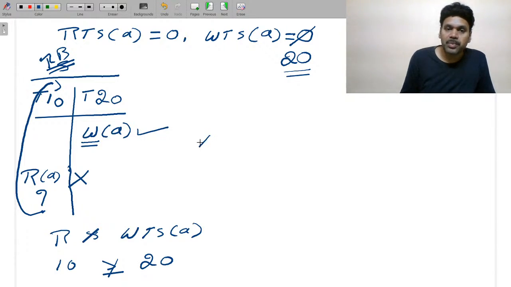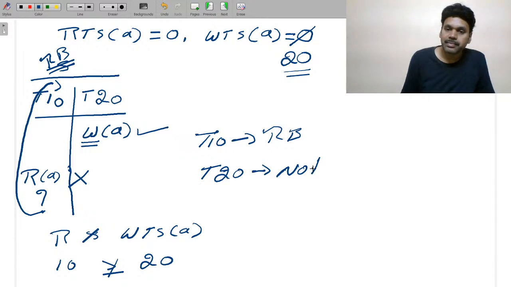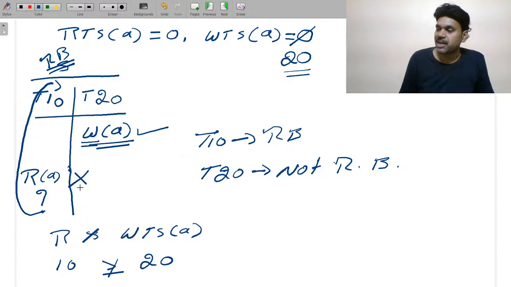T20 is not rolled back because it is an independent action. It is not depending on anybody. It is a first action and independent action. Therefore, T20 is not going to perform any rollback action here.